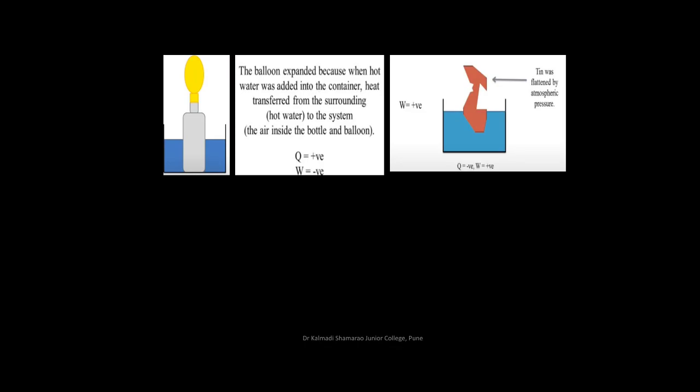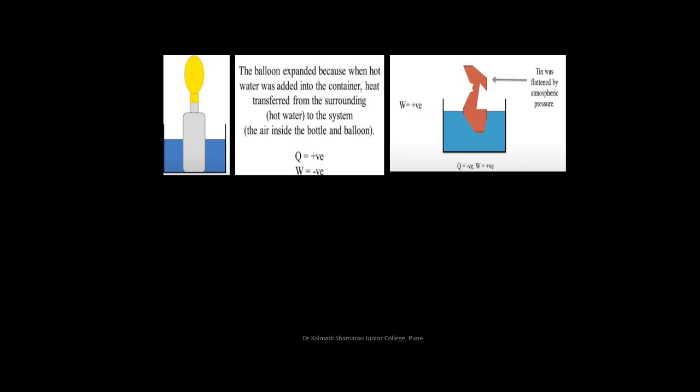But work is done on the system by the surrounding. Here the system is the aluminium tin and the surrounding is the cold water. The cold water of the surrounding causes bursting of the aluminium tin which is in the system and hence work is positive here.